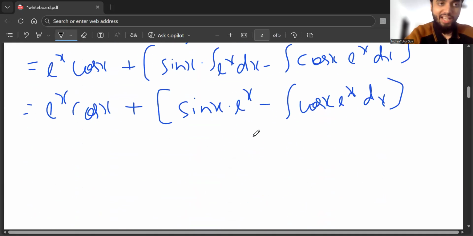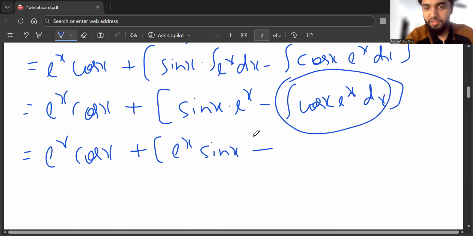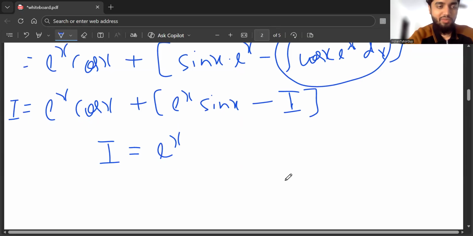If I call that I, I can replace this expression by I, so I can write that as minus I. And if I do that, then I can write the entire expression as I equals, so I is going to be here as well.